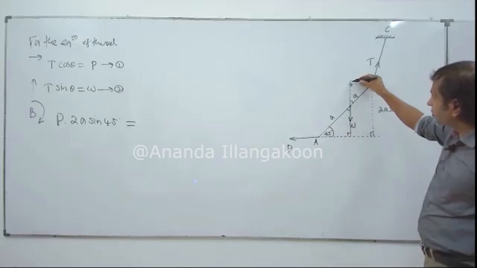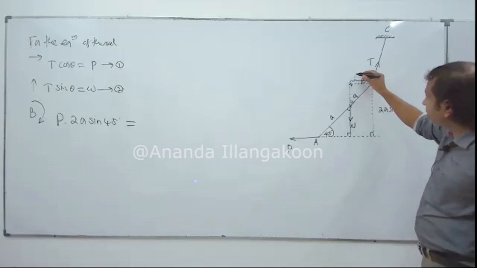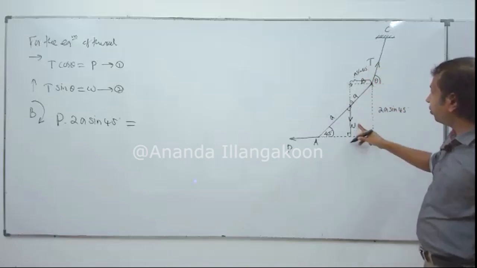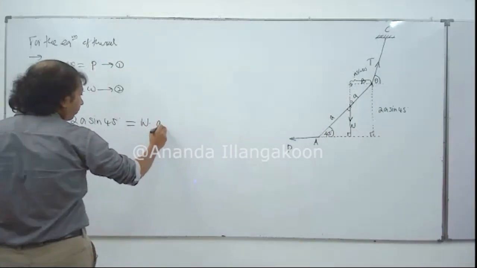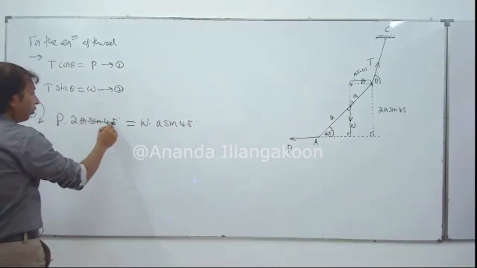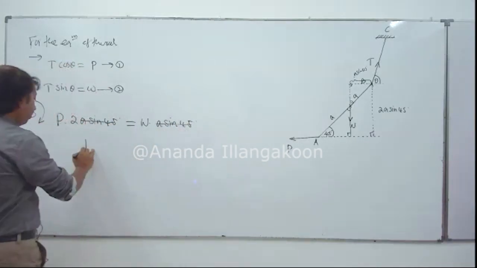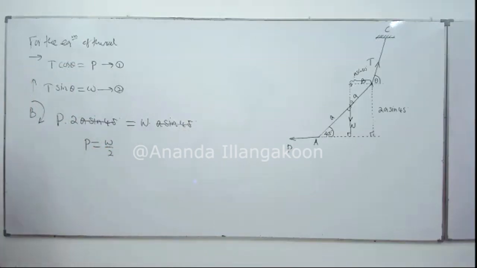The required perpendicular distance is a sin 45. So the moment is W into a sin 45. Cancelling a sin 45, P is W by 2.